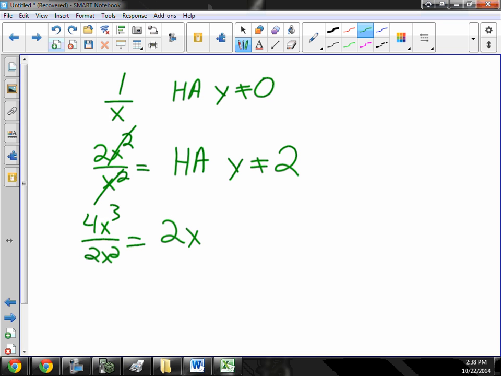So all you really have to remember is if everything cancels, that number is your HA. If it simplifies down to something like 1 over x or 5 over x or 1 over 2x, that graph never equals 0. And this is just a slanted line that the graph is never allowed to touch at the ends.